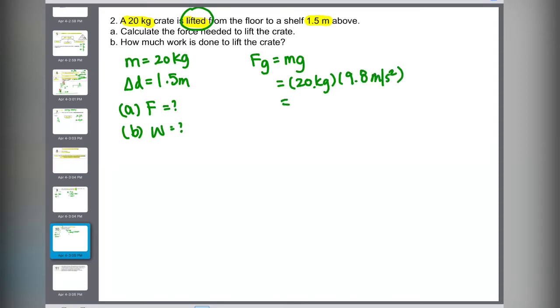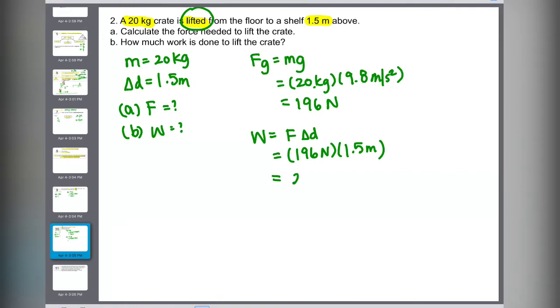We've done it so many times. It's 9.8. 20 times 9.8, 196 newtons. Force is measured in newtons. And now that I have the force, I know work is F delta D. So F is 196, and delta D, I've moved it for 1.5.